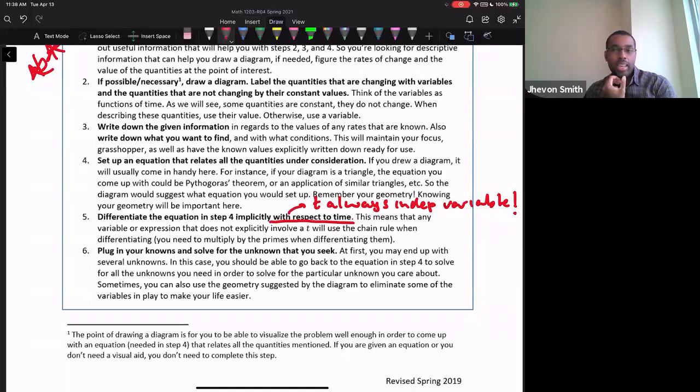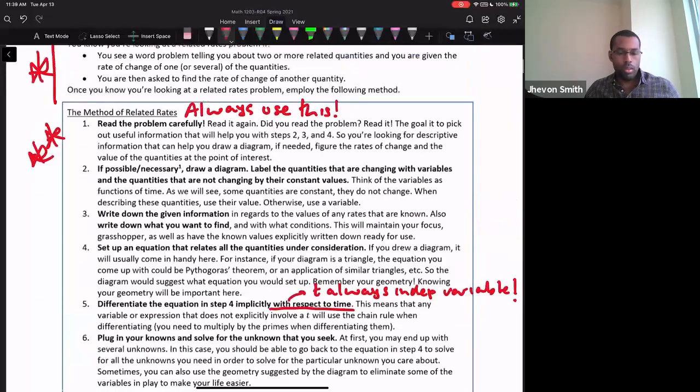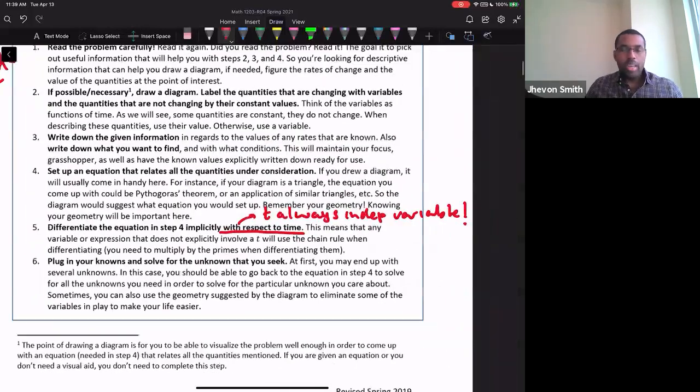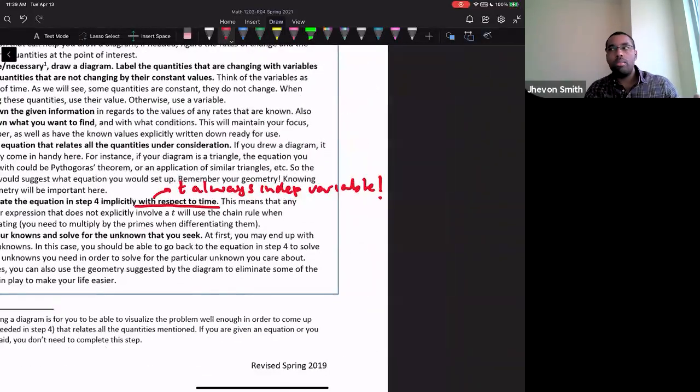However, in this case, I would tend to use the Leibniz notation. Maybe I should have mentioned that. It's not that it's right or wrong, but I think it's good to always remind yourself that t is the independent variable. So when you see that dt on the bottom, it reminds you. Also, in the future, the prime notation gets less and less useful because eventually you get to a point where you're dealing with several independent variables and you want to identify which one you're differentiating with respect to.